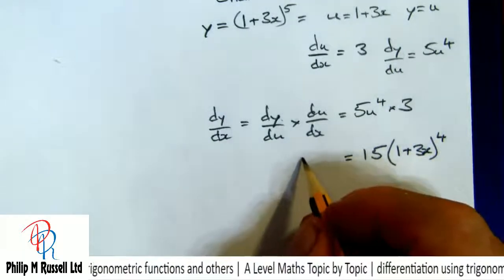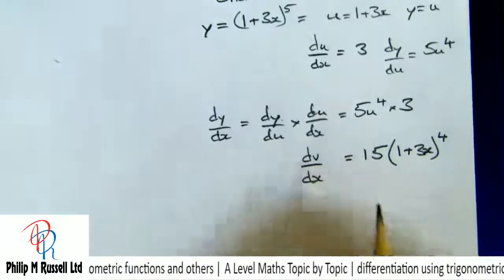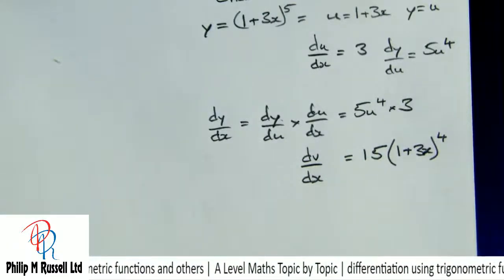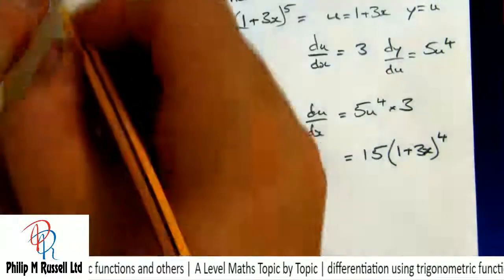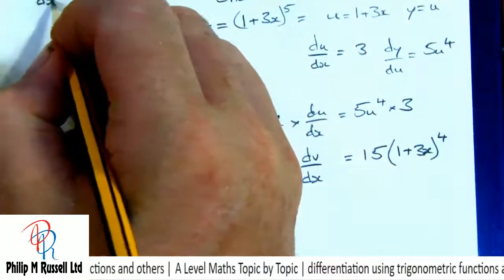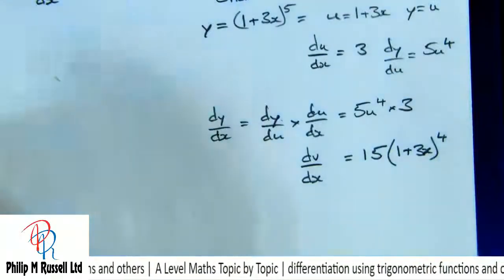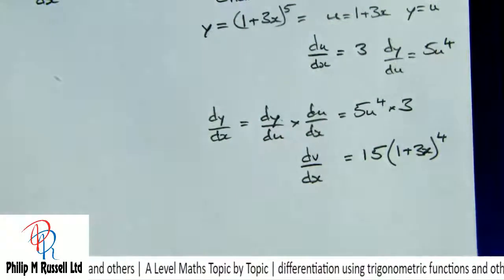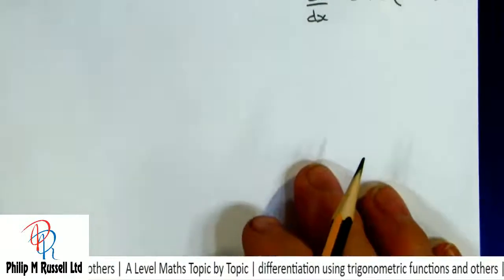So that is what dv by dx is. Somewhere back here I had du, so I want to work out du by dx, and that's simply going to be 1. So let's now come back and do my product rule.